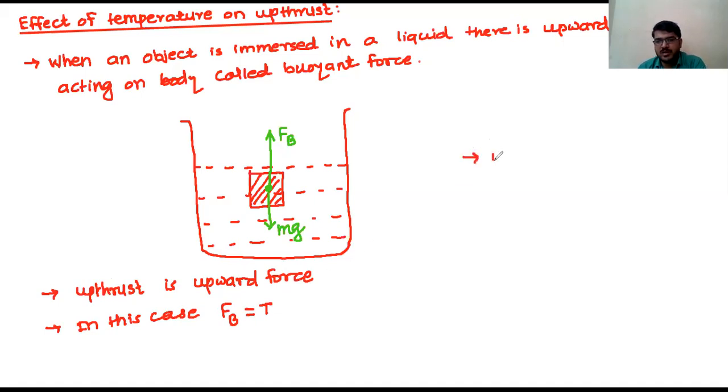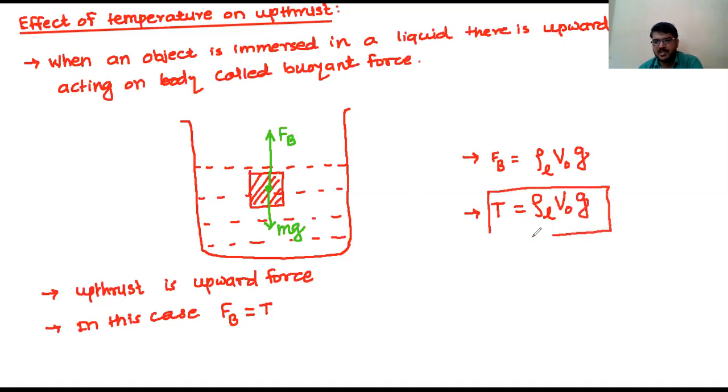So we know Fb is given by rho of liquid into volume of object into acceleration due to gravity. This is the buoyant force formula which you might have learned in lower classes, that is in Archimedes principle. Now therefore, as we know, this buoyant force is upthrust. So can I write here T is equal to rho L V0 g? That is, upthrust is nothing but density of liquid into volume of object into acceleration due to gravity.